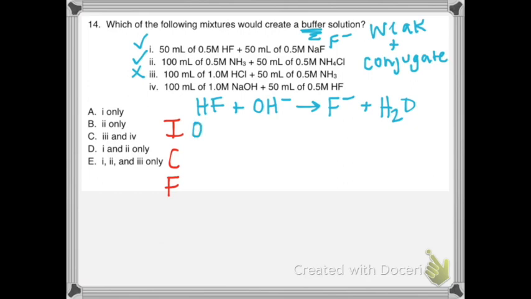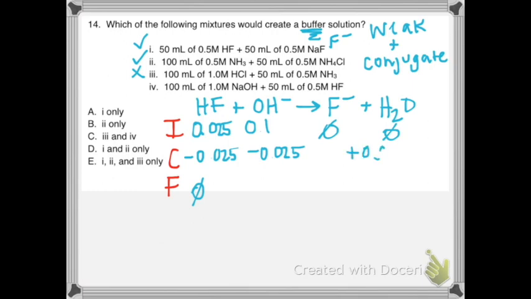So for the HF, we'll have 0.025 moles. For the hydroxide, we'll have 0.1 moles. 0 for these guys. Our limiting reagent is going to be the HF. We'll use up all of that. We'll take that much from the hydroxide. And on this side, we'll make that much of both of these. So we'll have 0.975 moles of the hydroxide left, and we'll have made 0.025 moles of the fluoride.